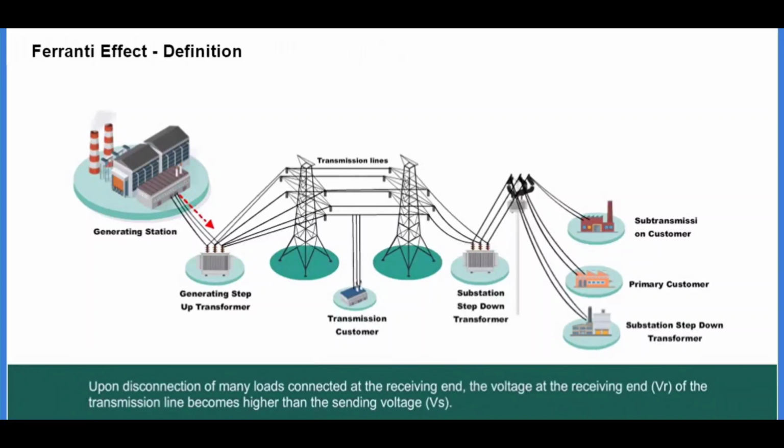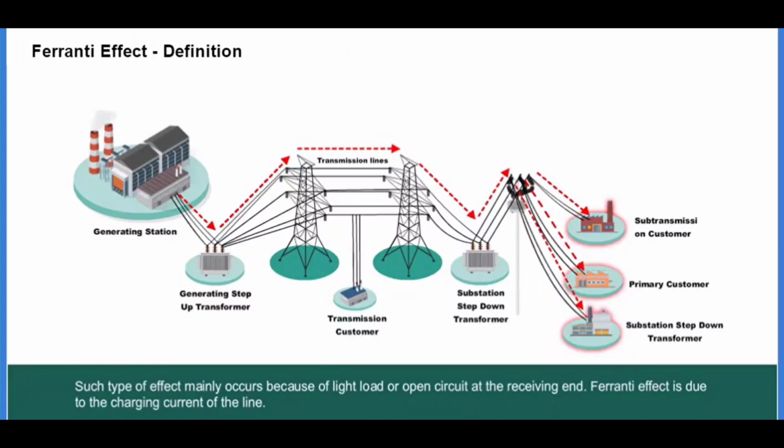Upon disconnection of many loads connected at the receiving end, the voltage at the receiving end, VR, of the transmission line becomes higher than the sending voltage, Vs. The effect in which the voltage at the receiving end of the transmission line is more than the sending voltage is known as the Ferranti effect. Such an effect mainly occurs because of light load or open circuit at the receiving end. Ferranti effect is due to the charging current of the line.